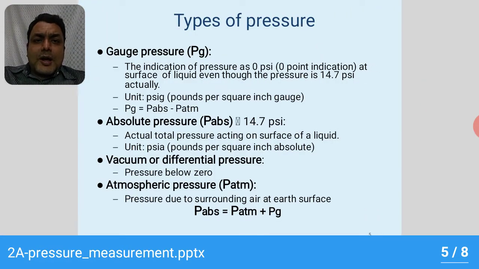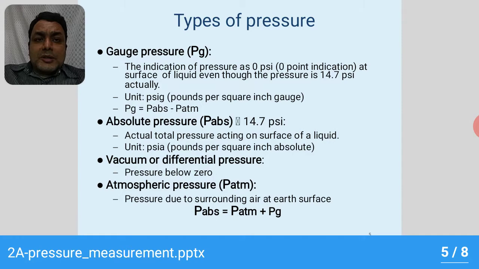Again, what are the different types of pressure? Here we know about atmospheric pressure, that is pressure due to surrounding air at the earth's surface. Again, we have the vacuum, that is the pressure below atmospheric.